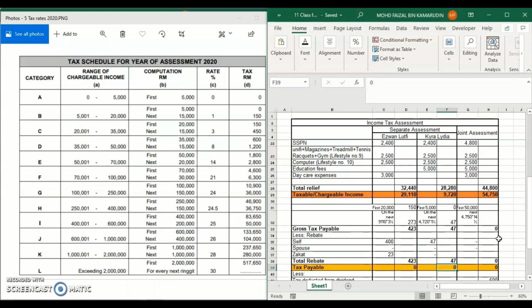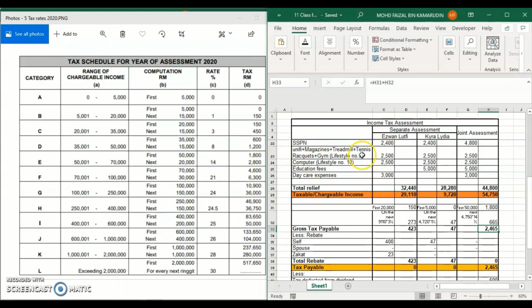Okay, let's check the next one, the joint assessment. 54,750 falls under category E. So the first 50,000 is 1,800. You just take from here, and then the remaining, which is 4,750, you have to times the tax rate of 14%.